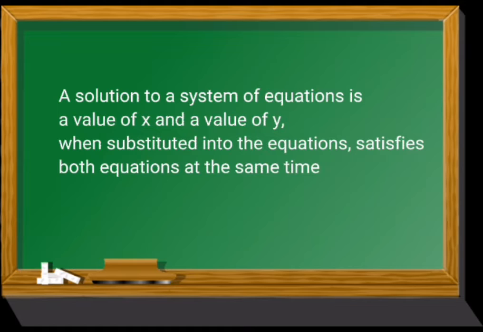But before we discuss how to solve a system, we should first talk about just what a solution to a system of equations is. A solution to a system of equations is a value of x and a value of y which, when substituted into the equations, satisfy both equations at the same time.